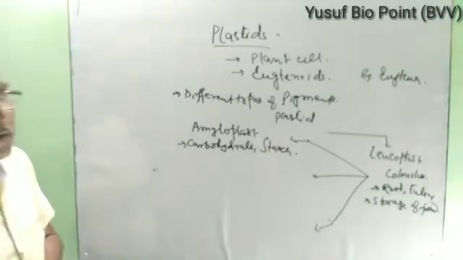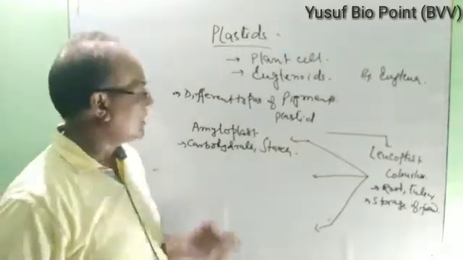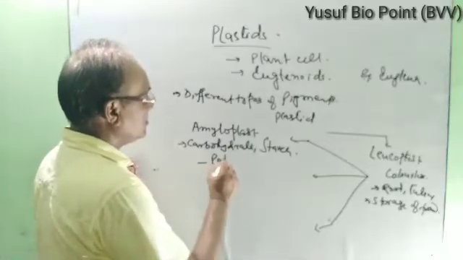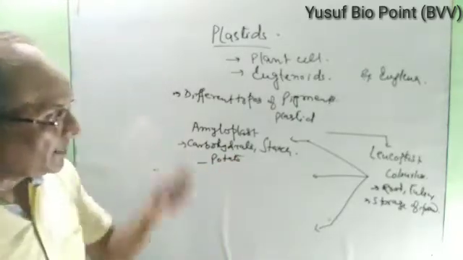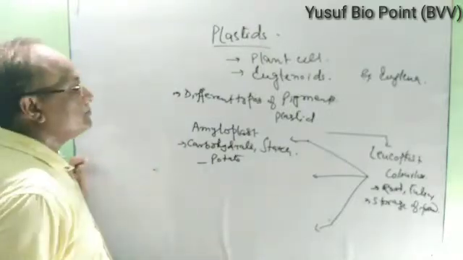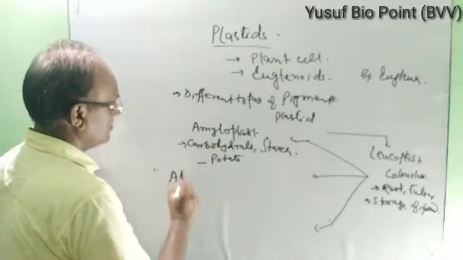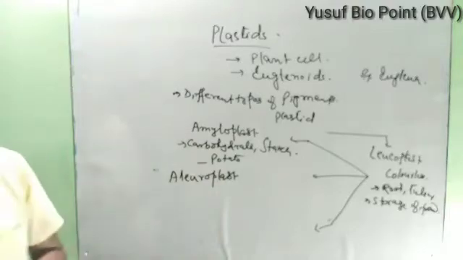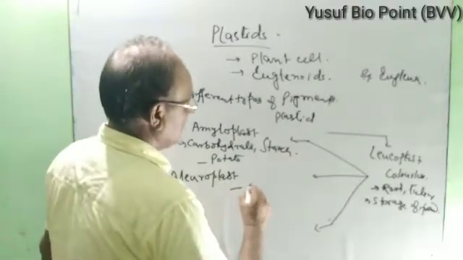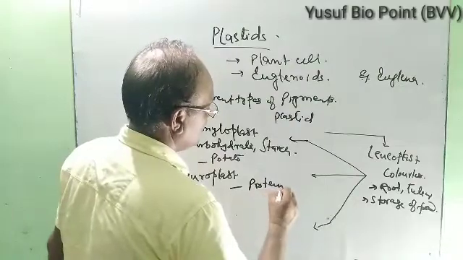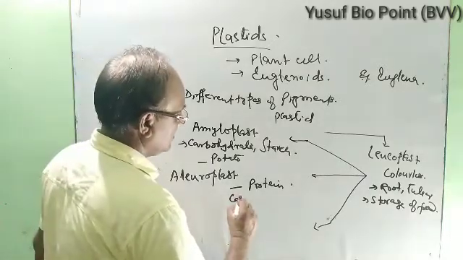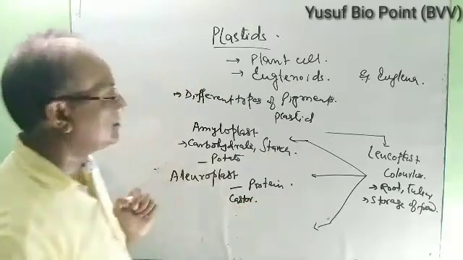That is, the reserved food material is carbohydrate, starch, like that, for example in potato. Next one is proteinoplast. It contains protein. Reserved food is protein, as for example in castor.